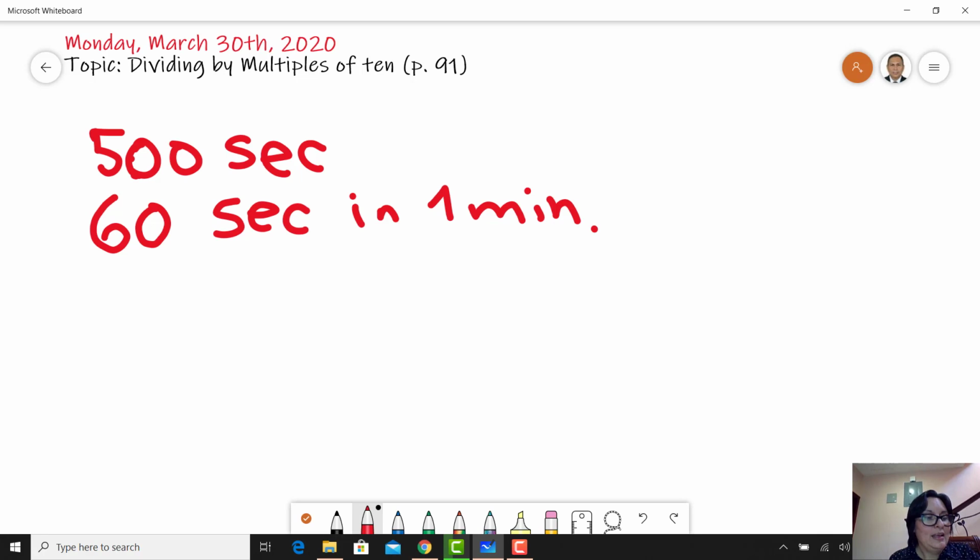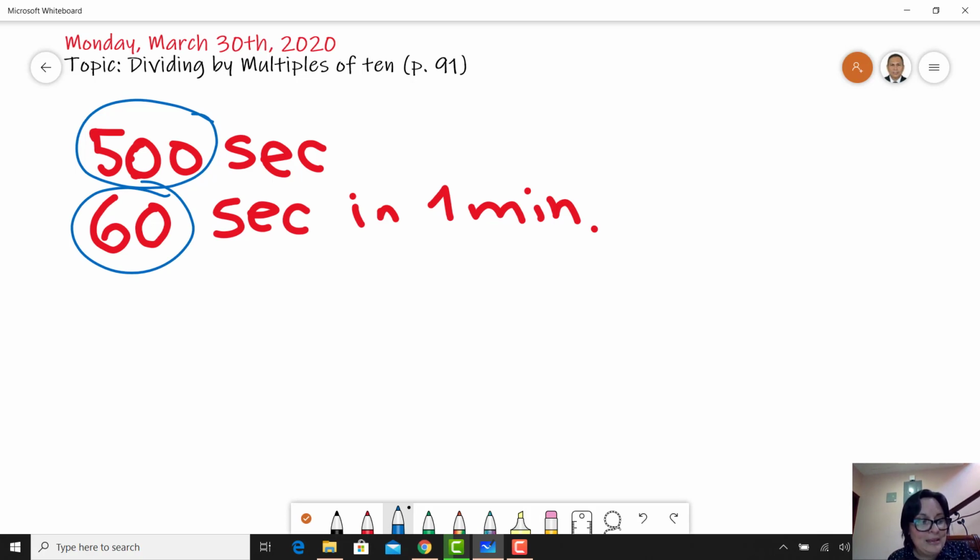Okay? So let's answer the second information sentence. And let's continue reading. It says, to find the minutes spent on the experiment, we have to divide the total seconds, that are these ones, by the number of seconds in 1 minute.